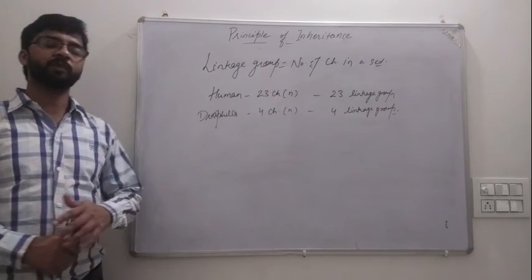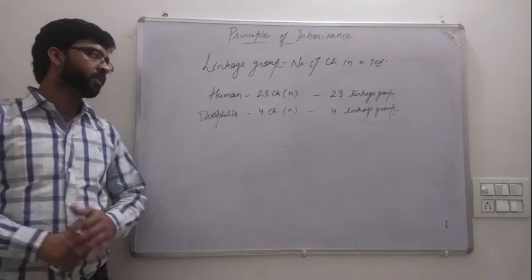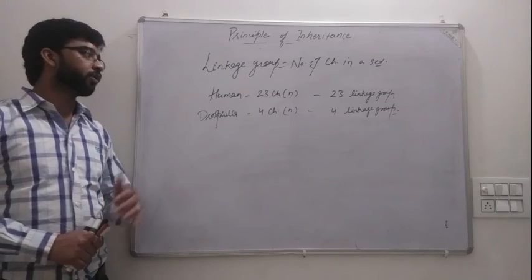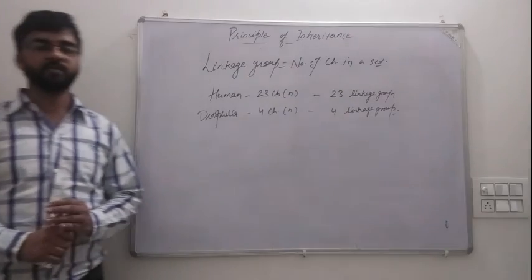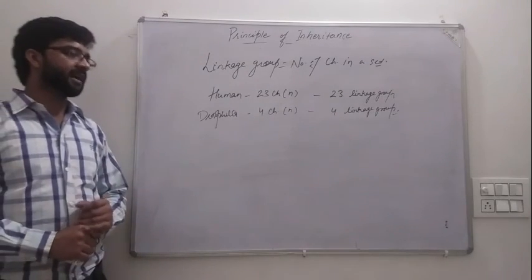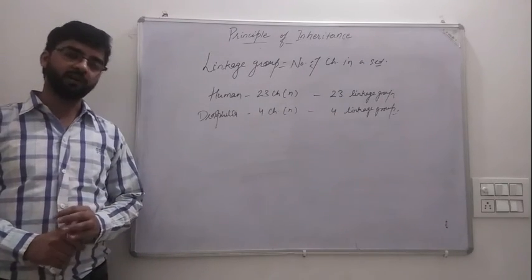For example, human has 23 chromosomes in the haploid condition, so the linkage group is 23. Drosophila has 4 chromosomes in the haploid condition, so the linkage group is 4. The linkage group depends on the number of chromosomes in a set. Human has 23 chromosomes in one set, so 23 linkage groups, and Drosophila has 4 chromosomes in a set, so 4 linkage groups.